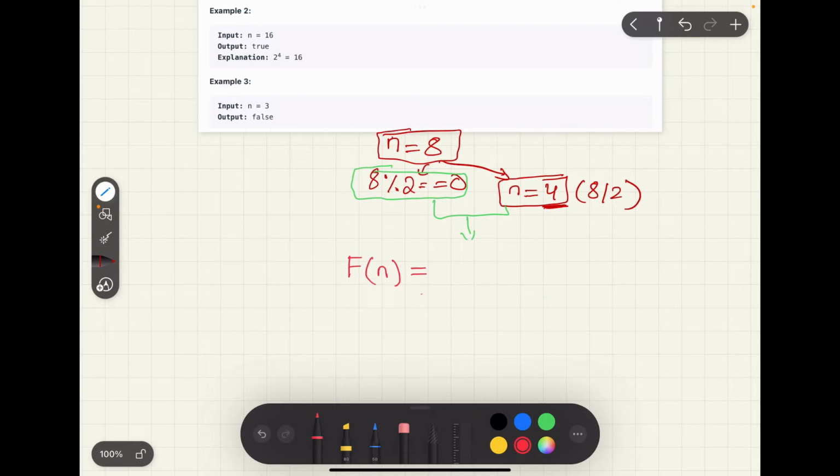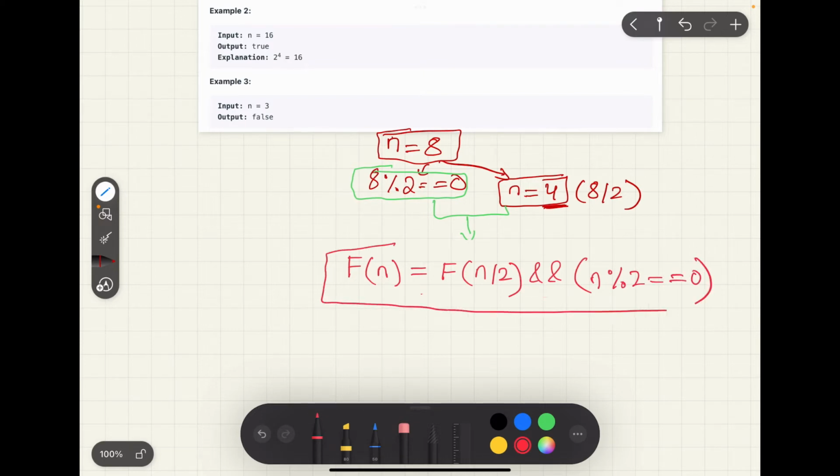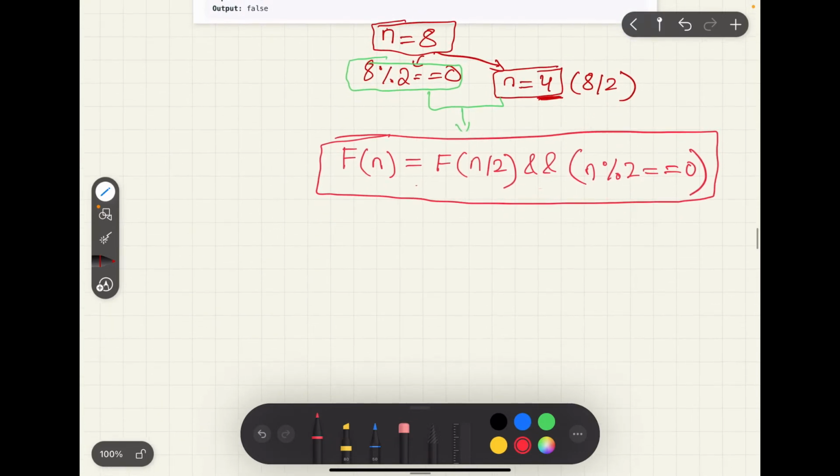So f of n will depend on f of n by 2, the result for n by 2, and whether the current number itself is divisible by 2 or not. And using the answer for n by 2, we can calculate the answer for n. So this is a recurrence relation.